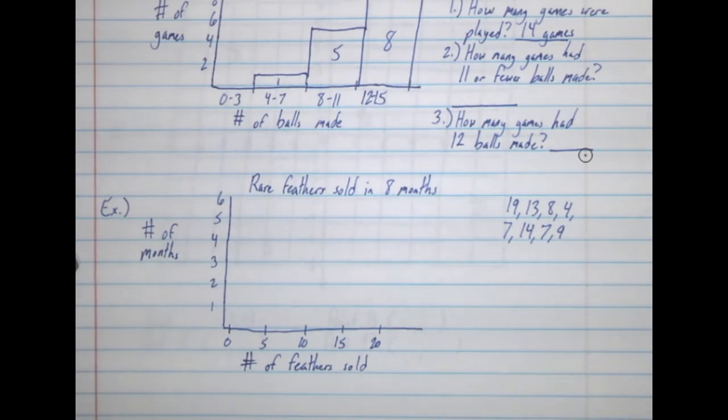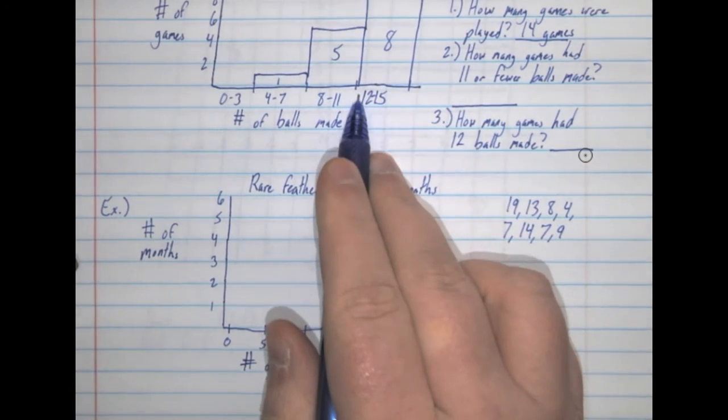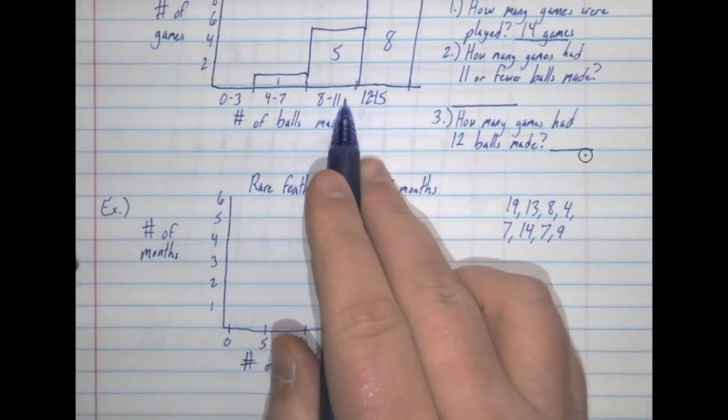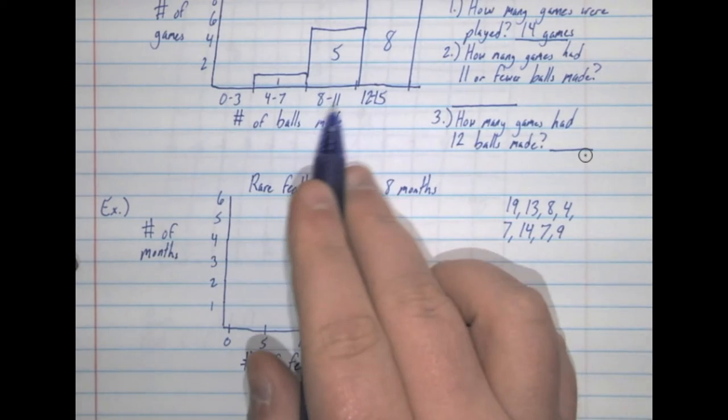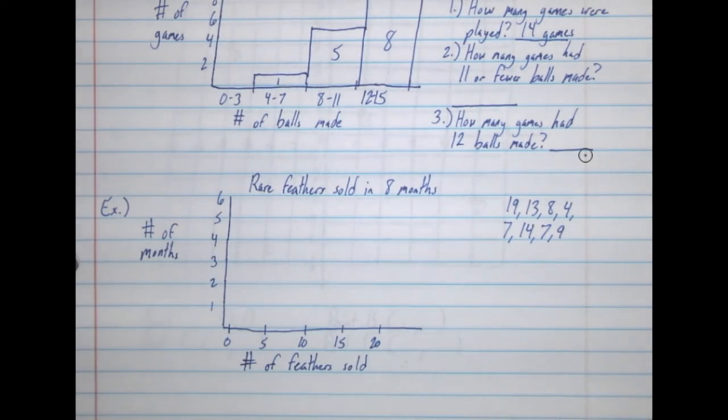Now, let's look and see how many games had 11 or fewer balls made. Where do we need to start looking to figure out the answer to this question? We need to start our looking right here. 11 or fewer. So we're going to start out with 11, and we're going to look to the left, the fewer number of balls. So we had 5 games where between 8 and 11 occurred or were made.